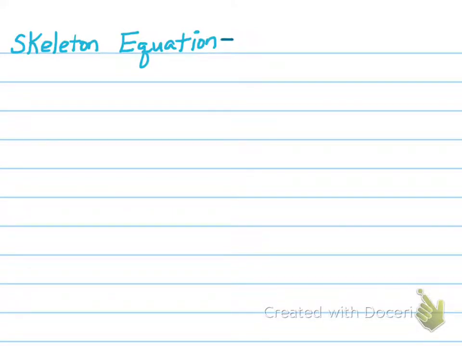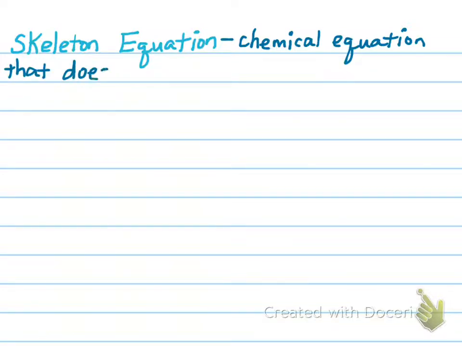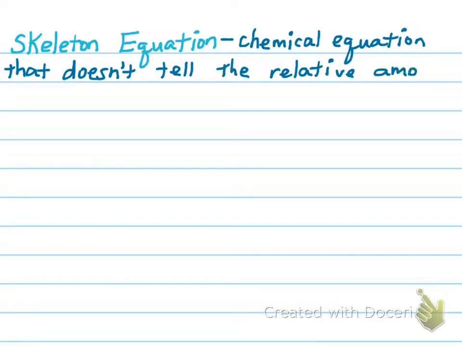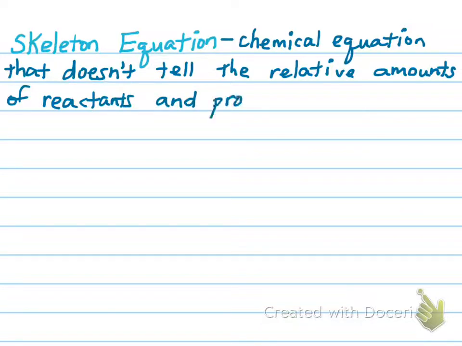A skeleton equation is a chemical equation that doesn't tell the relative amounts of reactants and products in the reaction.